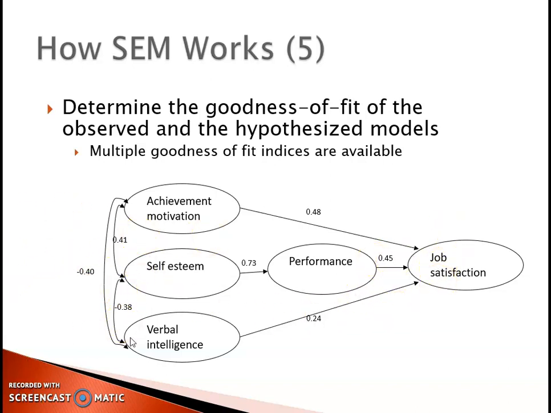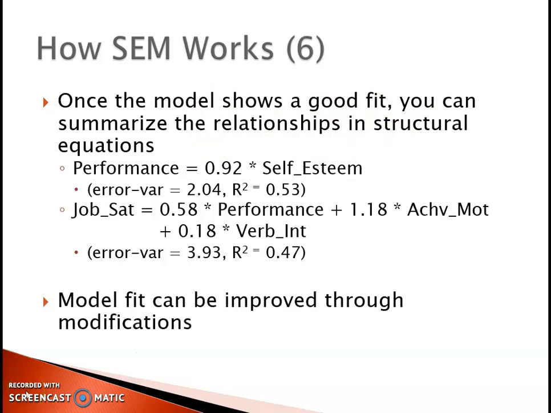So once you have a model with all the estimated values for the parameters, you can compare the observed matrix with the model-implied matrix, see how well or how close they are to each other, and that's called the goodness of fit. Let's say we are lucky enough to end up with a model that shows satisfying goodness of fit indices.